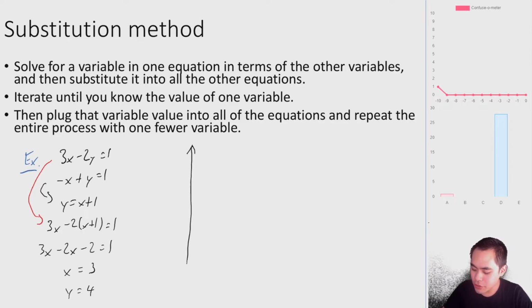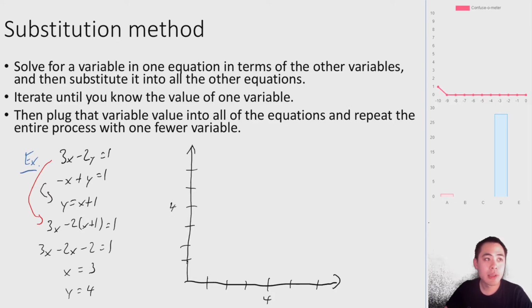Now if we draw this out, you can also think of this in terms of lines. Let's say this is 1, 2, 3, 4, 5, 6, and that's 4 there. You have two equations. One of them is y is equal to 3 halves x minus 1 half. So you start at minus 1 half, and you go up by 3 halves, rise over run.